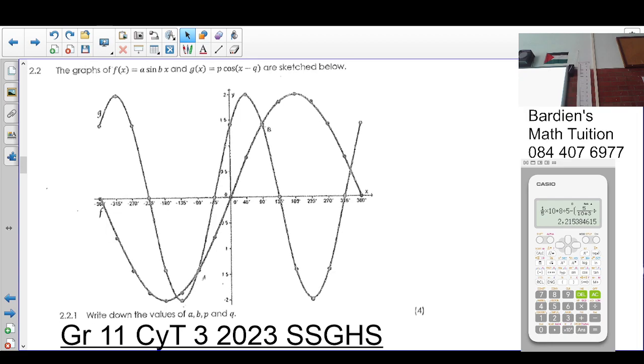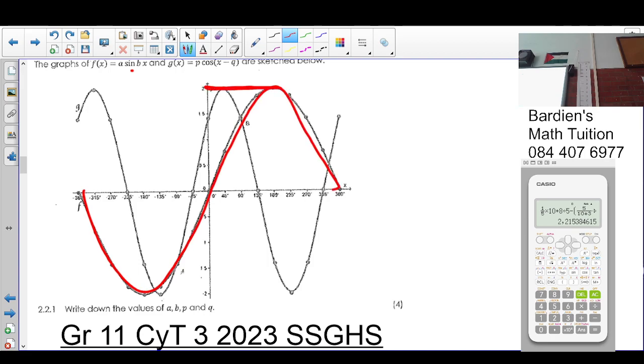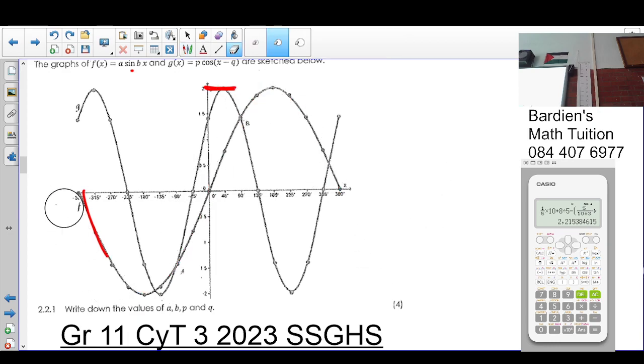So the question says, write down the value of a, b, p, and q. If we're looking at the a value, the a belongs to the sine graph. As you can see, it's this graph here, the f of x graph. The maximum value is 2, and the graph is first going down, then up. So it's positive. So a is going to be positive 2.